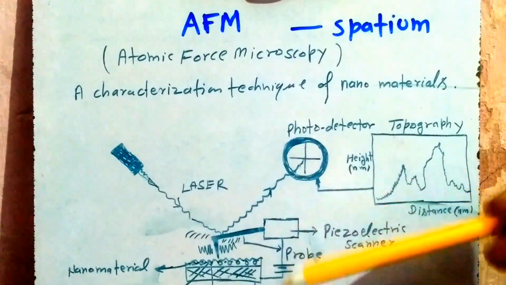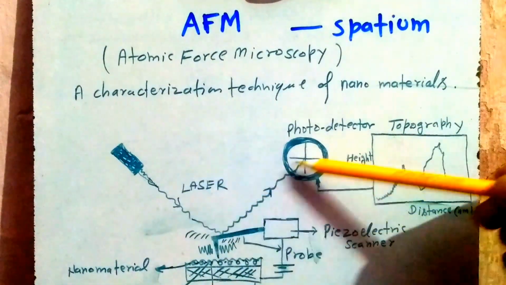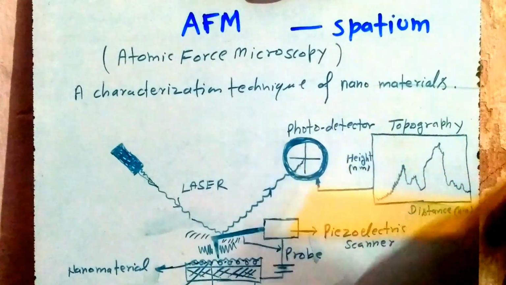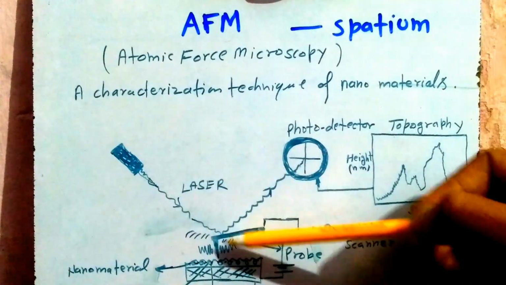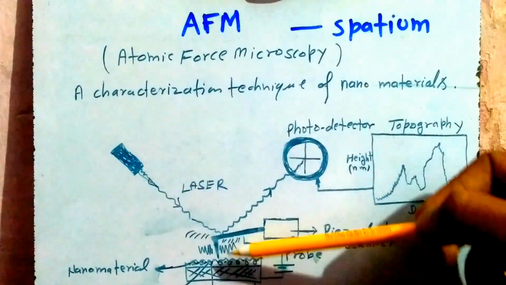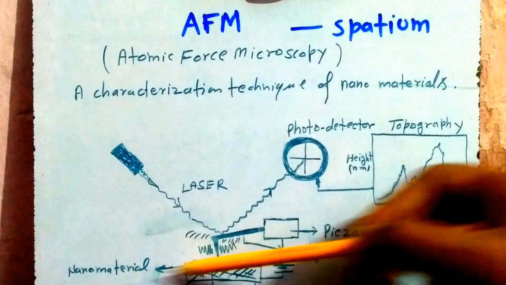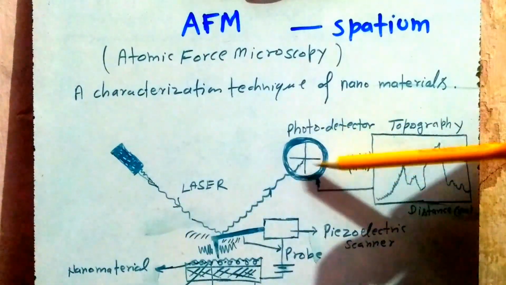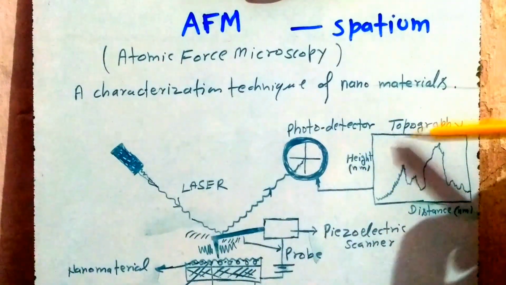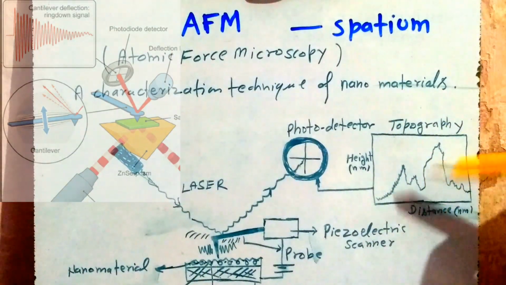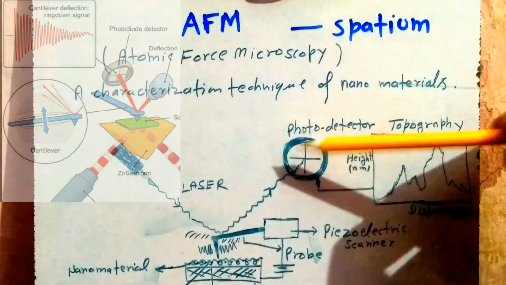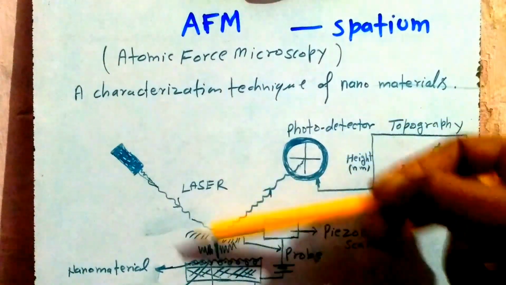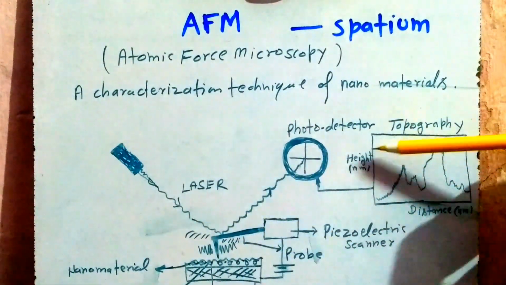So these are the maximum undulations on the surface, which are detected by a laser reflection from the surface of the probe. Here the laser is falling on the surface of the probe, which is vibrating on the surface of the nanomaterial, and that reflection goes to the photodetector. Then the detector is connected to the topography detector, which records the behavior of the oscillations, the laser reflection, and the oscillations of the probe.